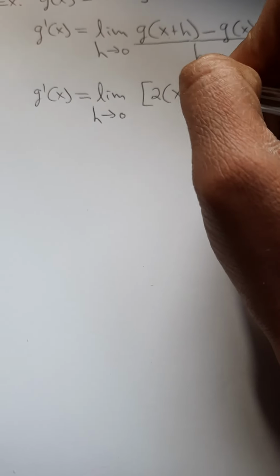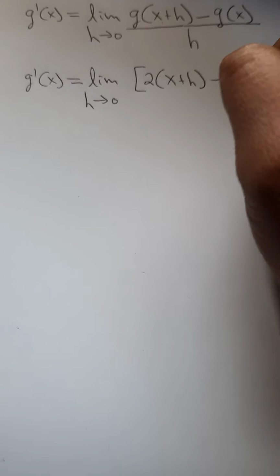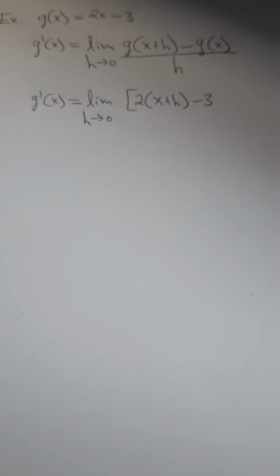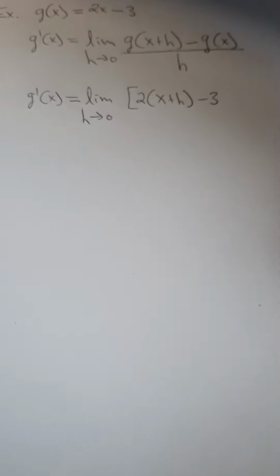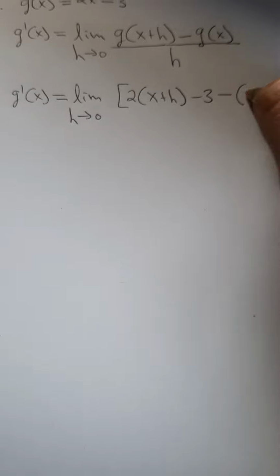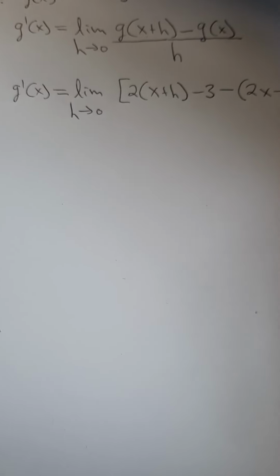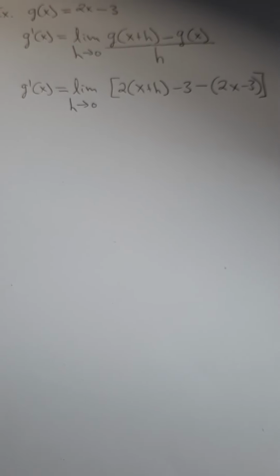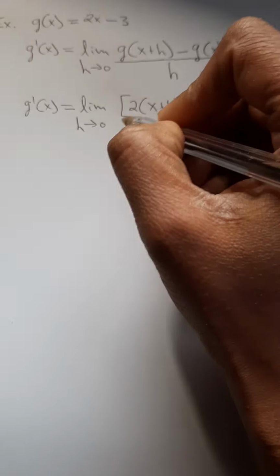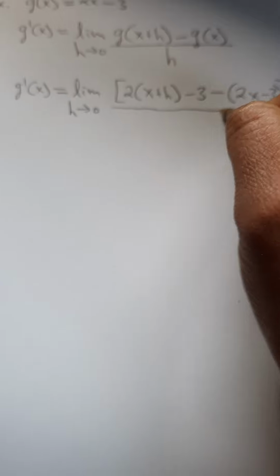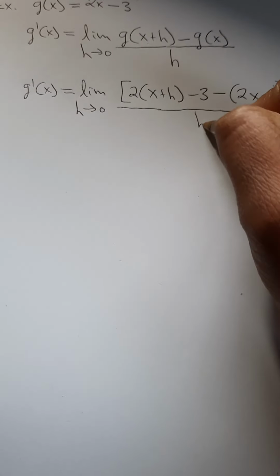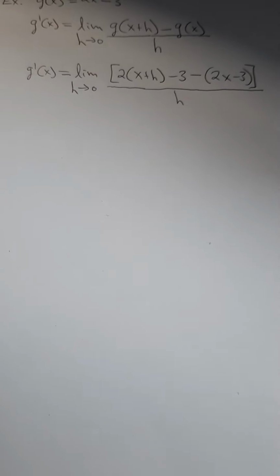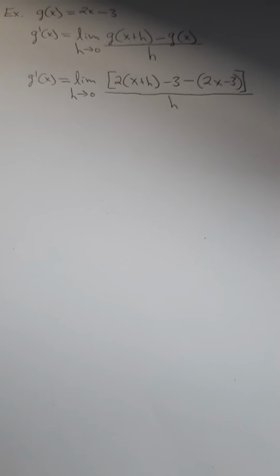So instead of x, I'm writing x plus h minus 3. Second time, you're subtracting g of x, so minus bracket 2x minus 3. And you can see it's very effective when you're using the square brackets here. Don't forget that the whole thing has to be over h. So this is what the equation looks like so far.